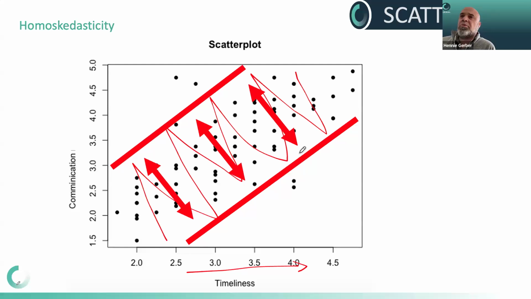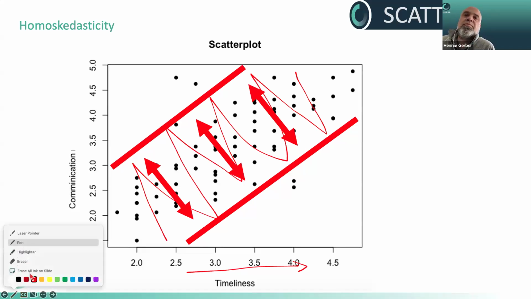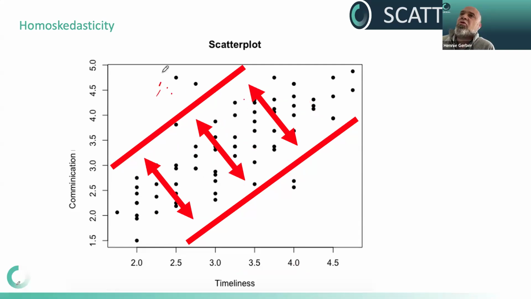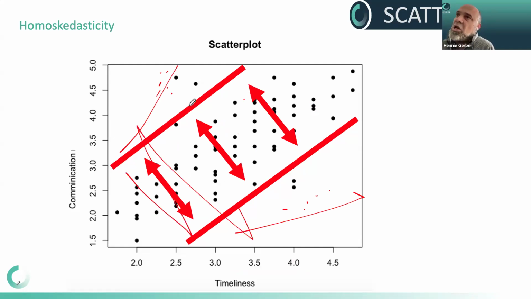Say, for example, there were a lot of points here, a lot of points here, and it would do something like this. Then the variance is getting larger, getting bigger.